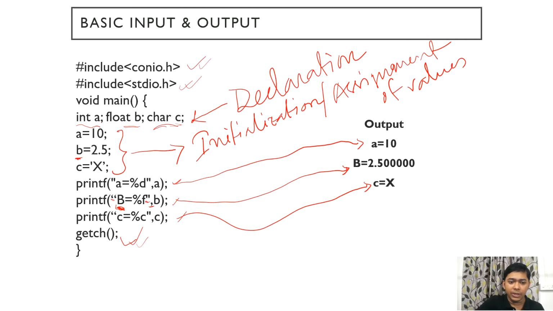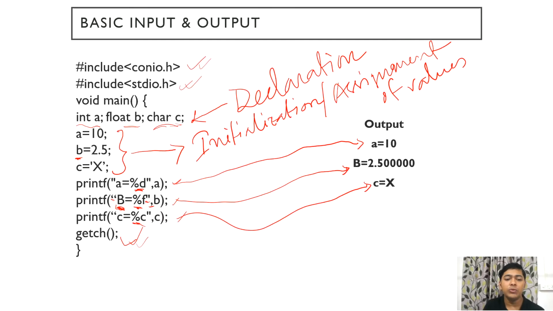Now here you can see percentage d. What is percentage d? What is percentage f? These are format specifiers, that means they correspond to data types. Percentage d is for integers. For printing an integer we use percentage d, and while taking input we also use percentage d.